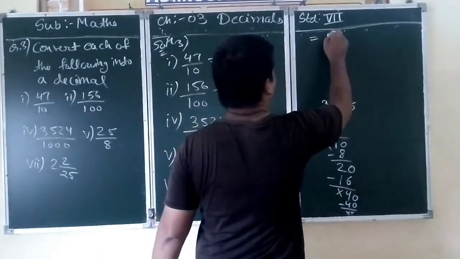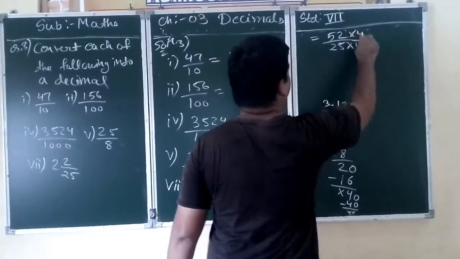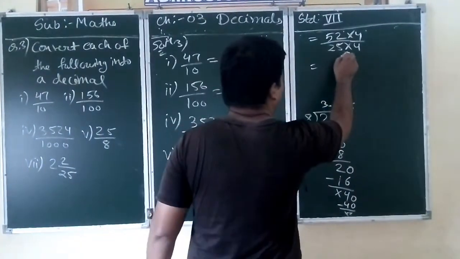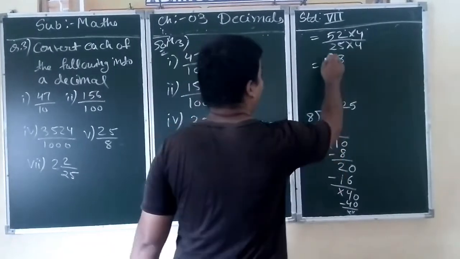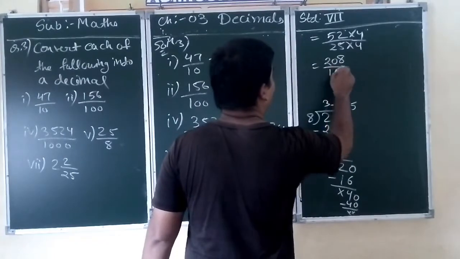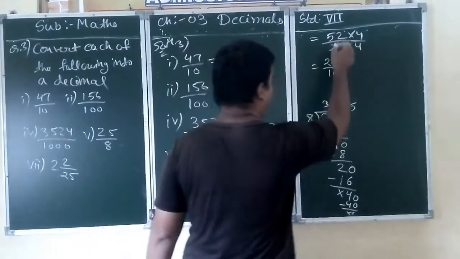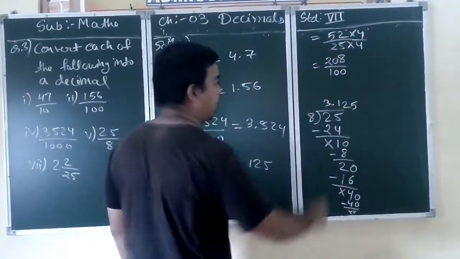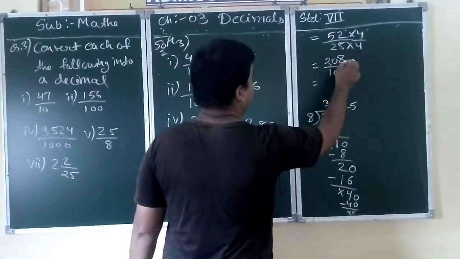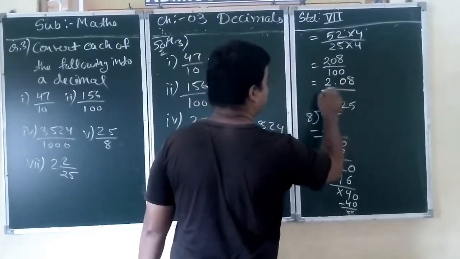So 52 by 25, you multiply by 4, both numerator and denominator. 4 twos are 8, 4 fives are 20, so 208, and 25 into 4 is 100. Count two places, tens and hundreds. So 2.08. This is the final answer.